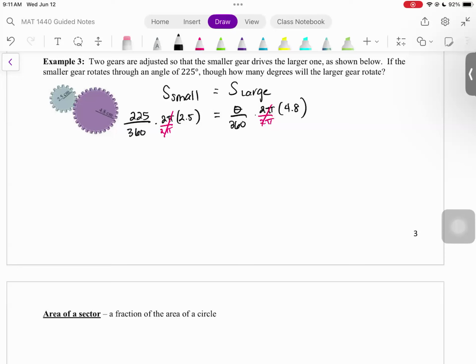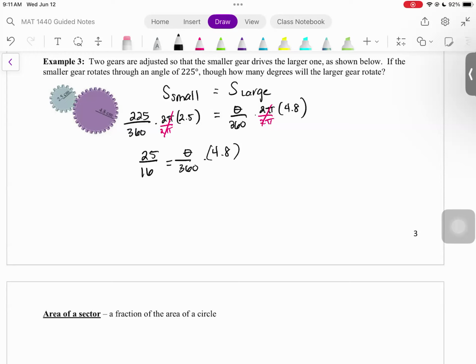We're going to simplify the left-hand side since we have no more variables: 225 divided by 360 multiplied by 2.5. We're going to leave this as a simplified fraction. So this is going to be 25 over 16. And this is equal to theta over 360 times 4.8.